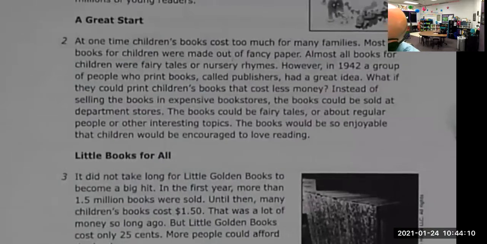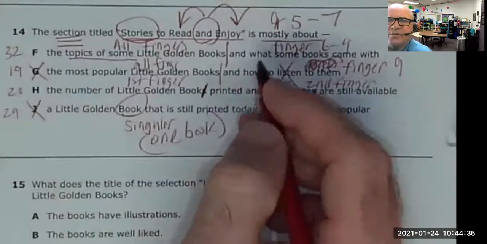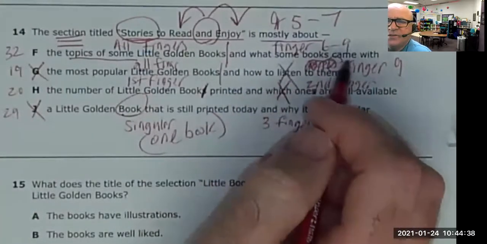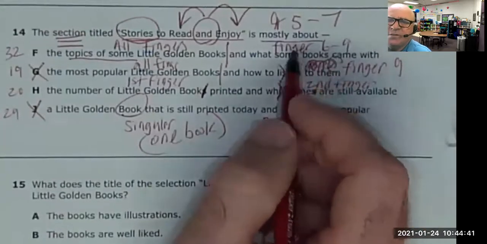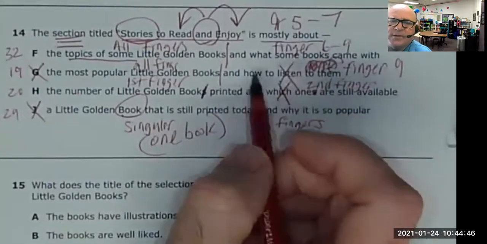Bandages, the records. Looks like that's it. So 2 of the books, and so what some of the books came, fingers 6 through 7, what some of the books came with, the bandages and the records.